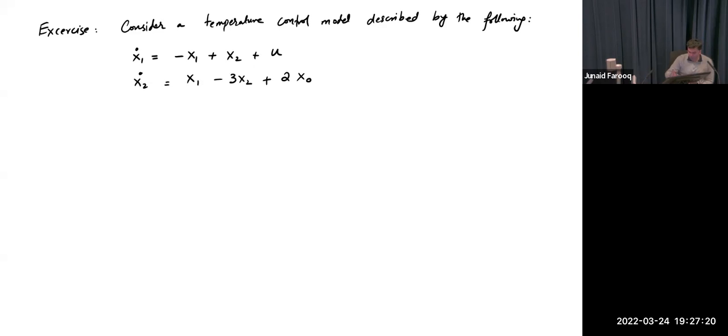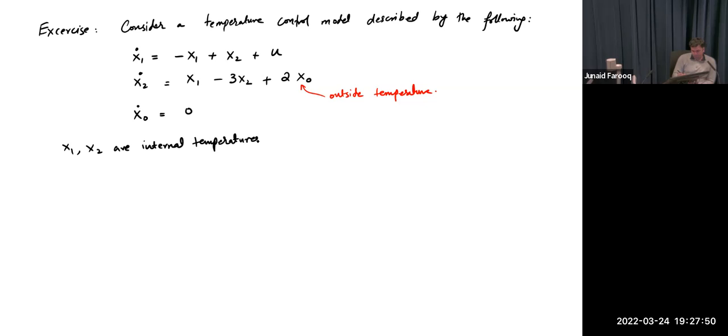So x0 is the outside temperature, and x0 dot is 0, right? So x1, x2 are internal temperatures, and x0 is the outside temperature assumed constant.